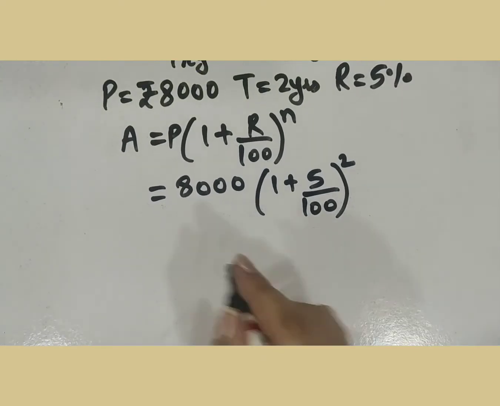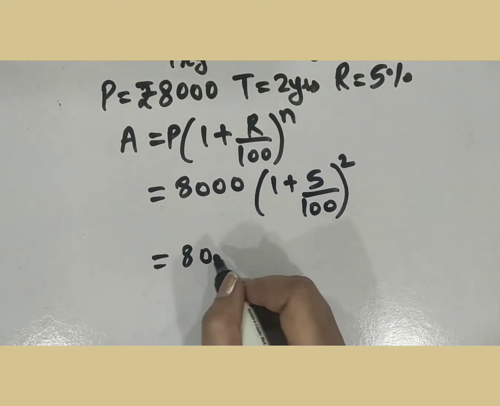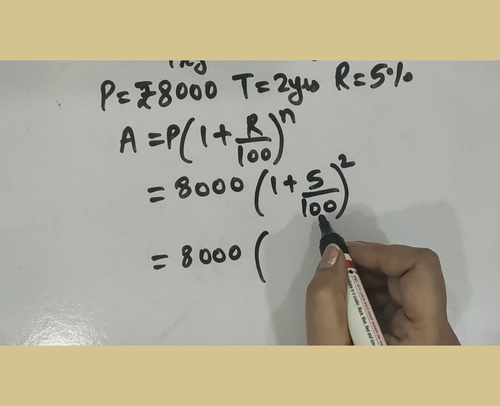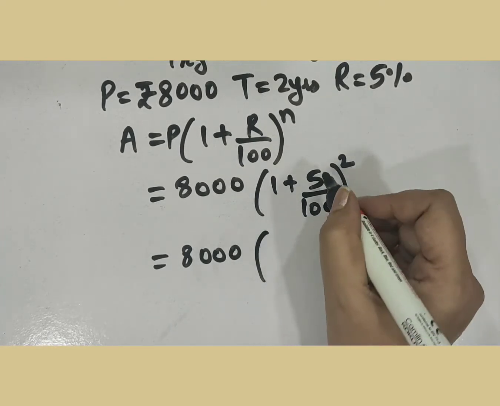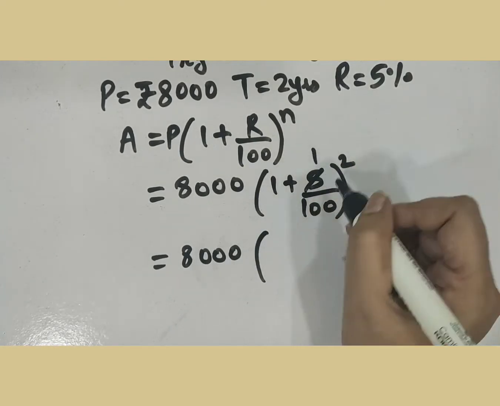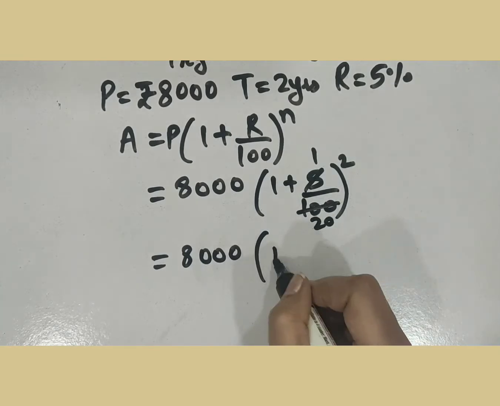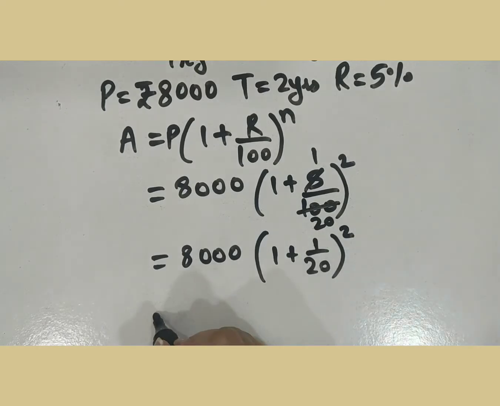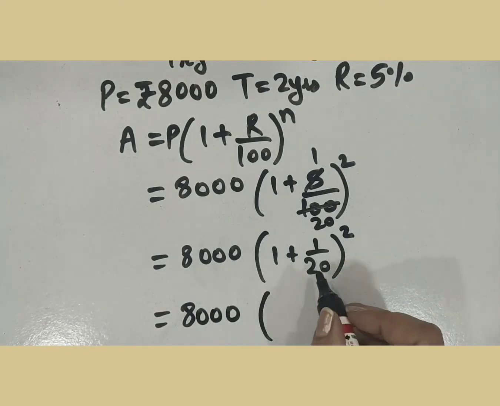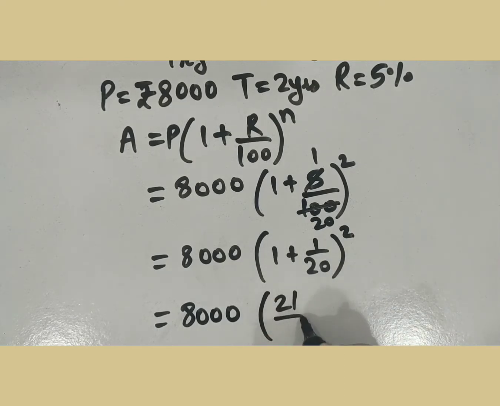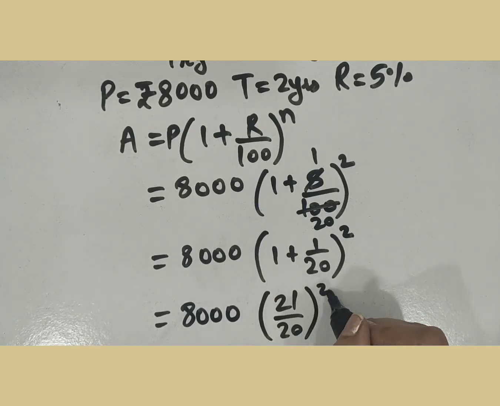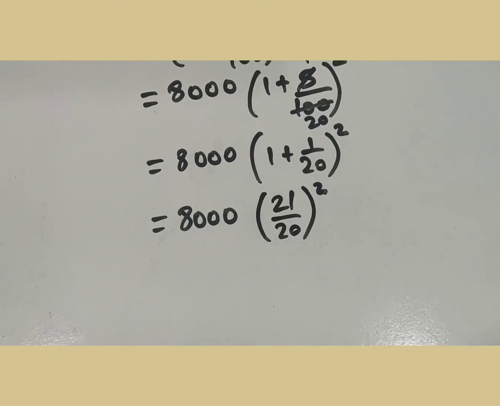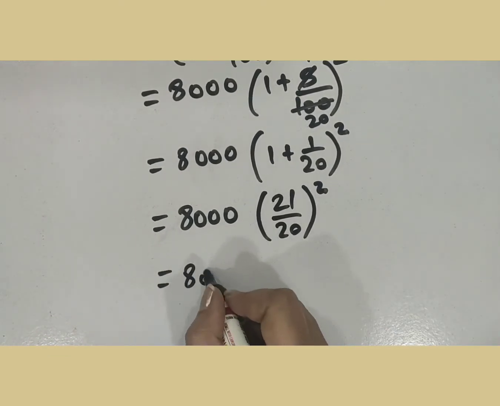If I do the cancellation, 5 once is 5 and 5 twenties are 100, so it will be 1 plus 1 upon 20 whole square. If I take the LCM, it is going to be 21 upon 20 whole raised to 2.